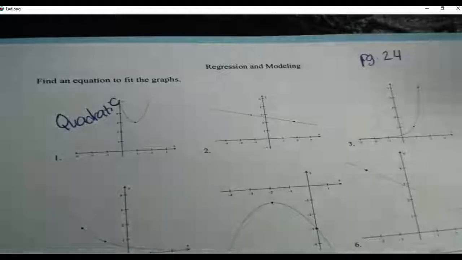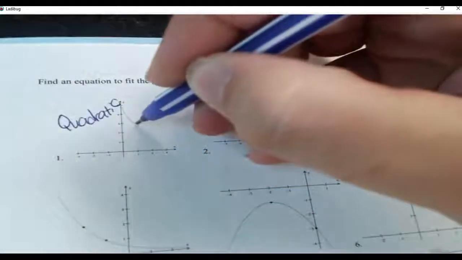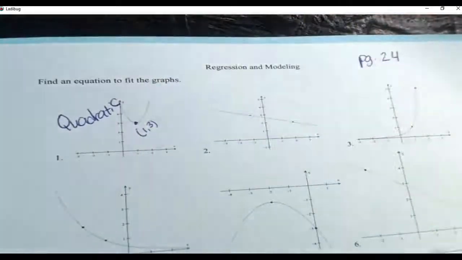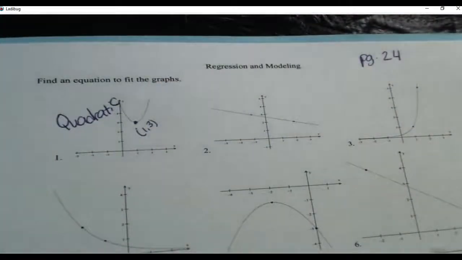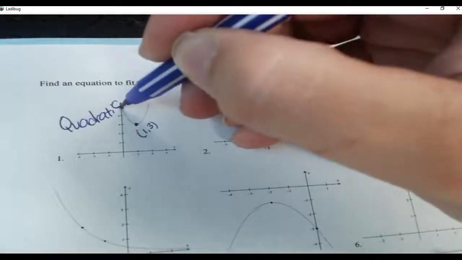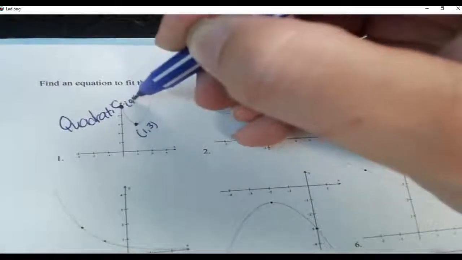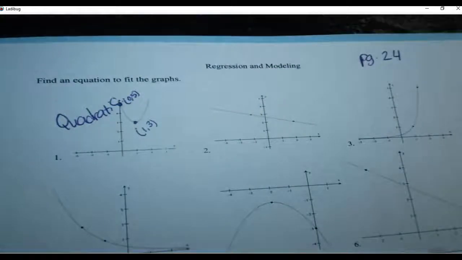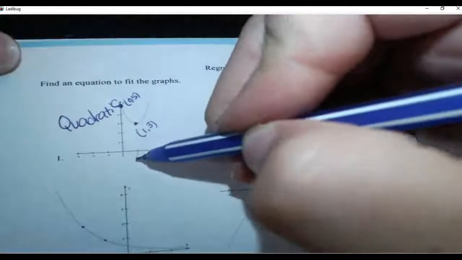Okay. So it gives us our first one here at 1, 3. So there's one of our points. And then the other one I wrote on top of it, but it's our y-intercept over here, which is at 0, 5. And then one thing, hopefully, that you remember about quadratics is that they are symmetric.